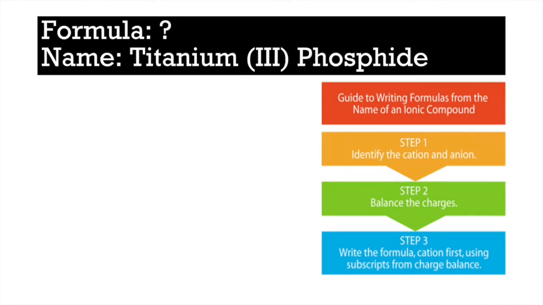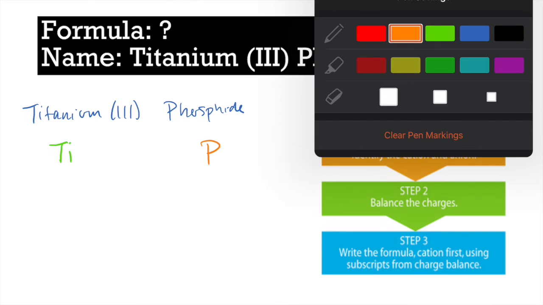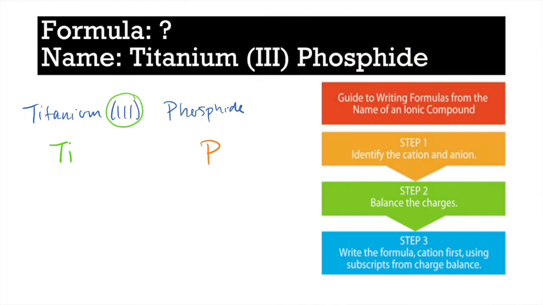So we have titanium 3 phosphide. So your first step is to figure out the symbols of each thing. Titanium is Ti, and phosphorus is P. So for titanium, we have this Roman numeral 3, and again, we know that means we're using titanium +3.